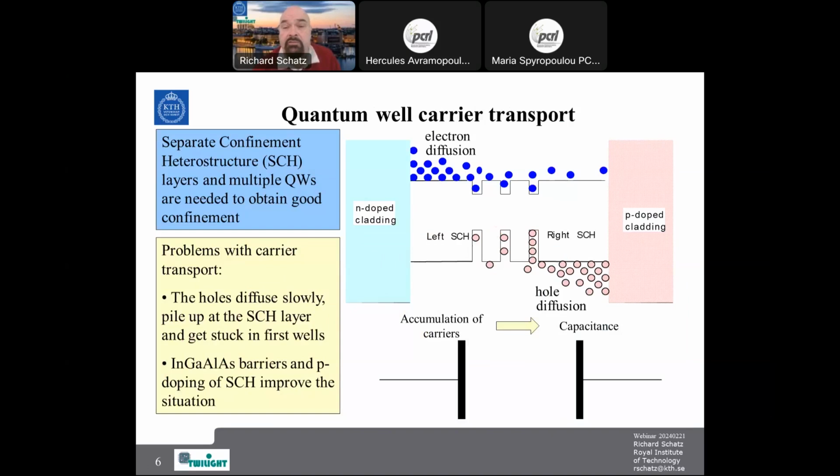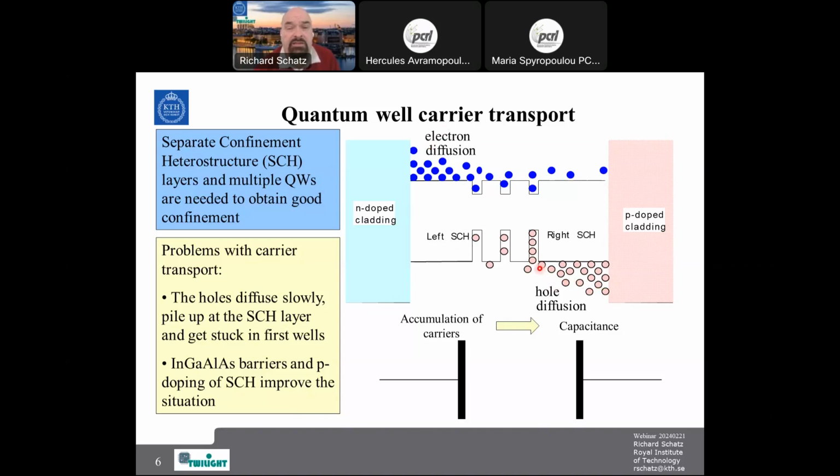and you have the P side of your laser here and the N side here, if you don't dope these SCH regions, the separate confinement heterostructure regions, then the carriers, both the electrons from this side and the holes from this side, need to be transported by diffusion, and especially the holes diffuse quite slowly.